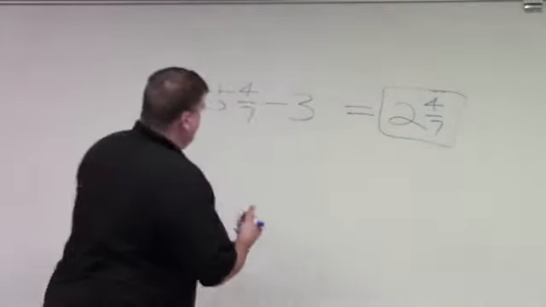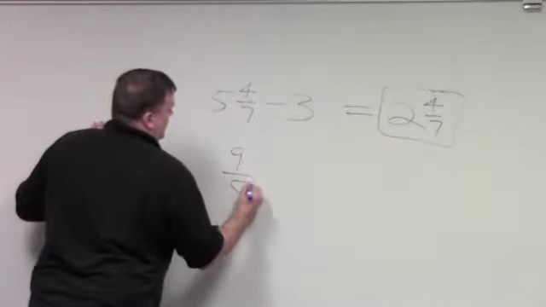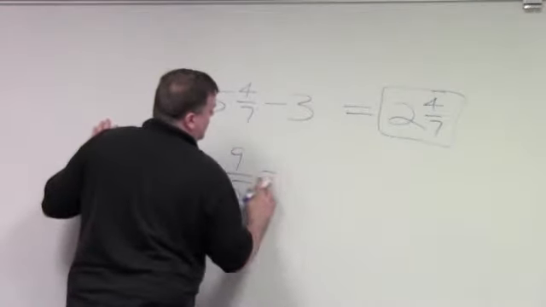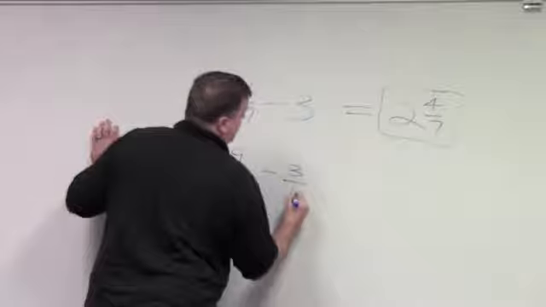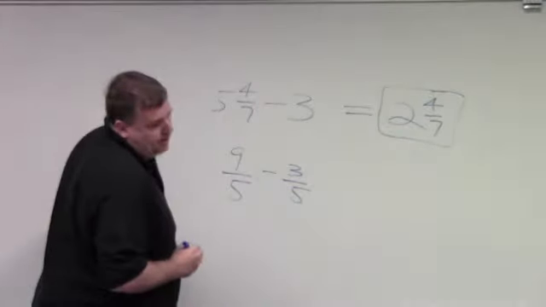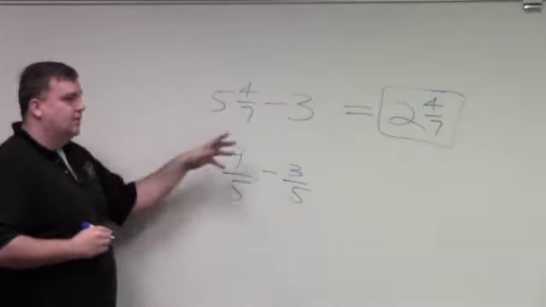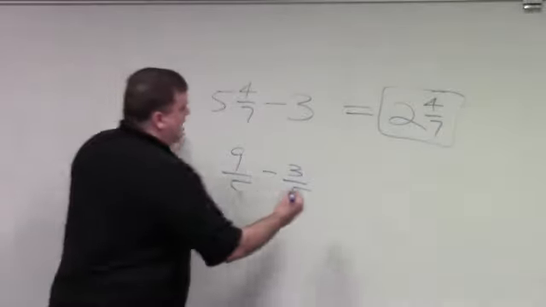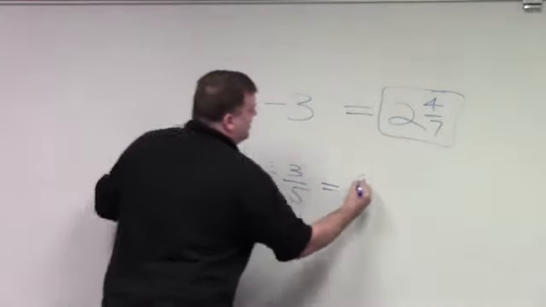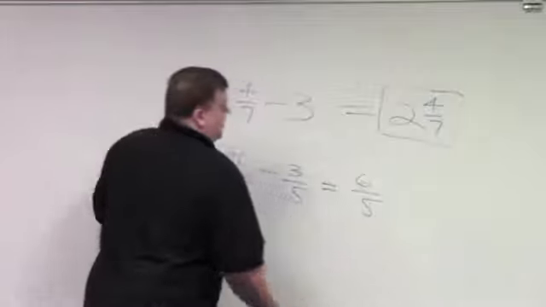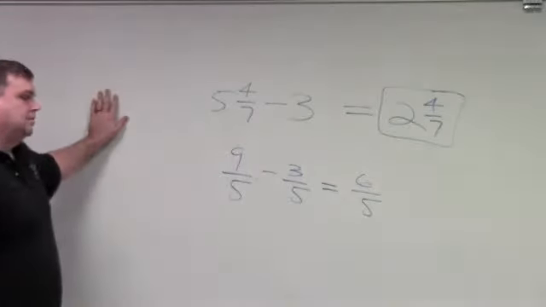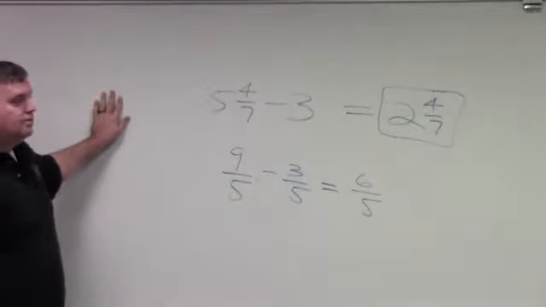And just like addition, if they give you fractions where the denominators are already the same, you can just go ahead and subtract. So 9 minus 3 is 6. And we want to change that into a mixed number.